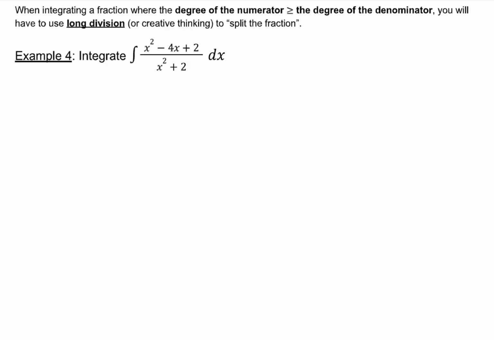When integrating a fraction where the degree of the numerator is greater than or equal to the degree of the denominator, you will have to use long division or creative thinking to split the fraction.